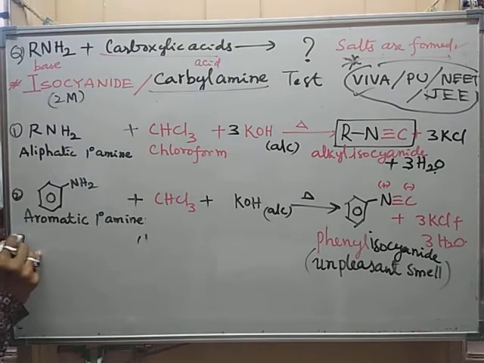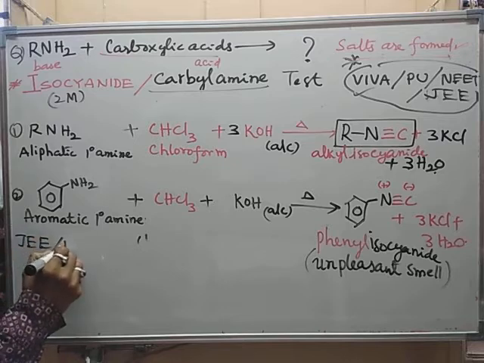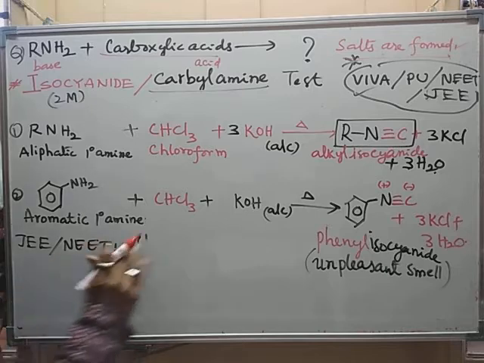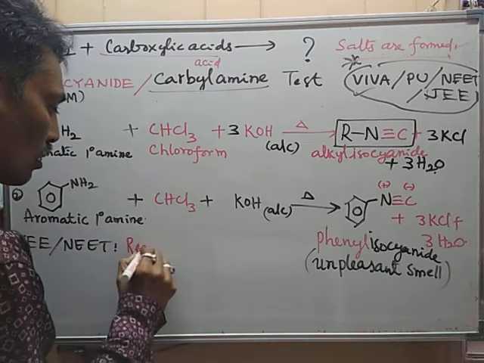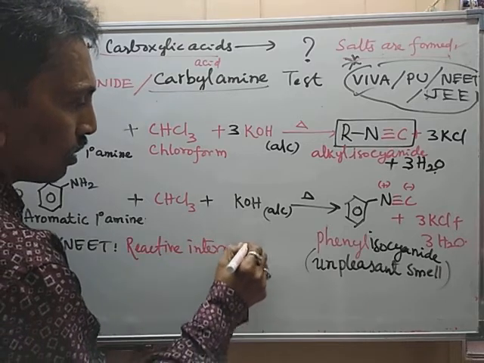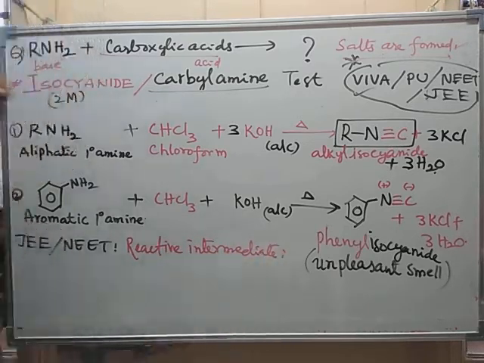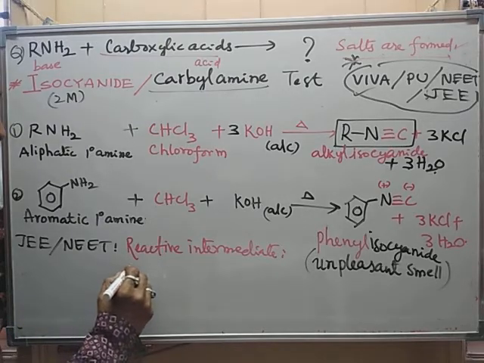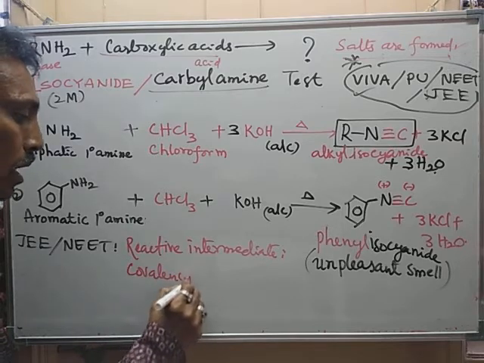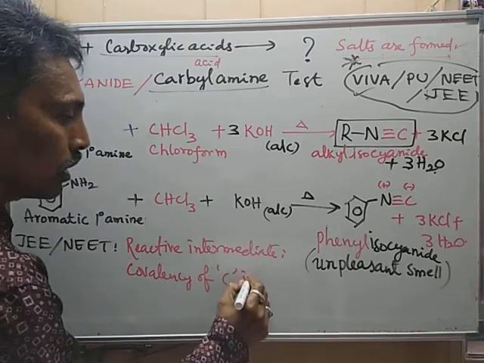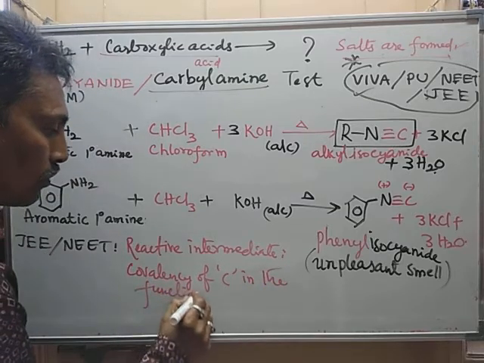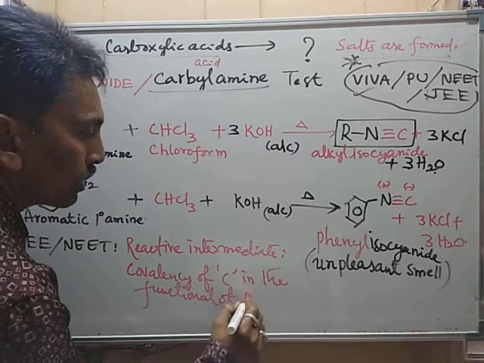And coming to JEE NEET orientation. What is the reactive intermediate in this reaction? You have to answer. Next, what is the covalency of carbon in the functional group of the product?